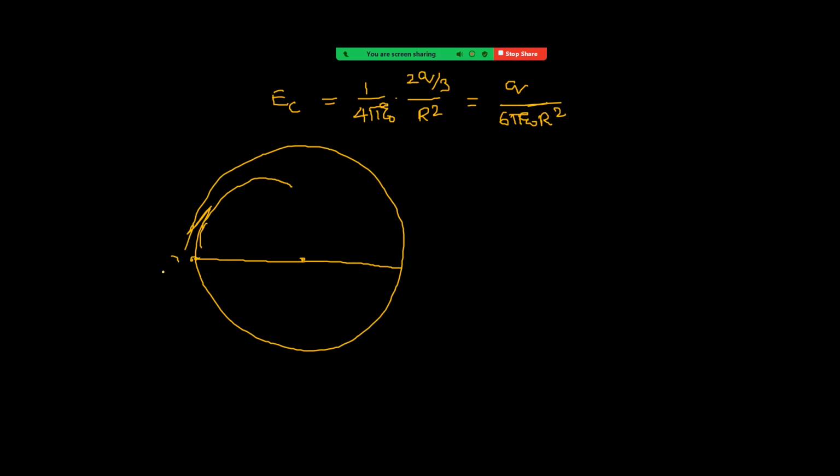This is now C, and this is B, and this is given as A. This is now 60.